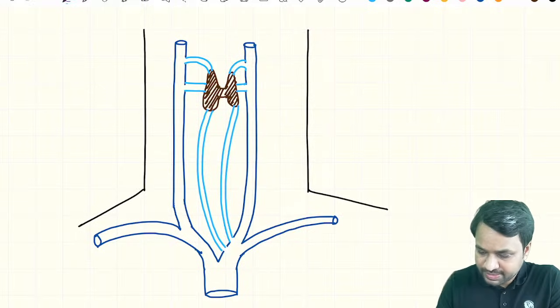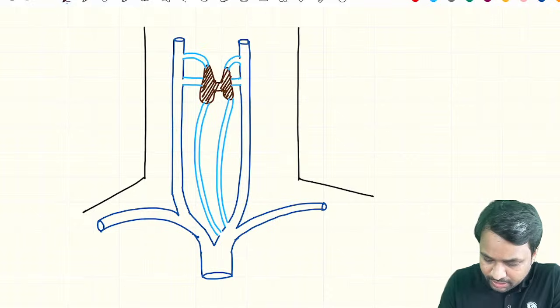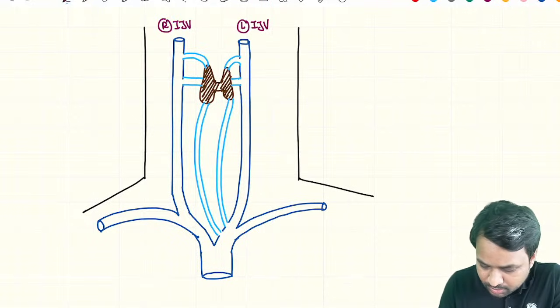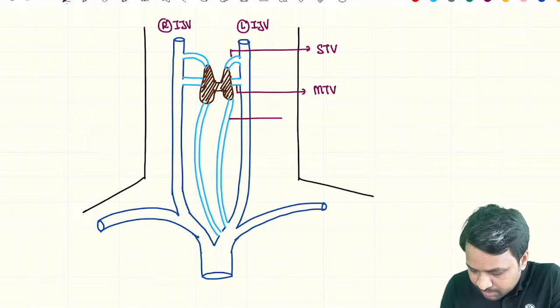So for the sake of understanding, if I label them across, this happens to be the corresponding internal jugular vein. So this is your left internal jugular vein. This happens to be the right internal jugular vein. Now this is what we call the superior thyroid vein. This happens to be the middle thyroid vein, and this happens to be the inferior thyroid vein.